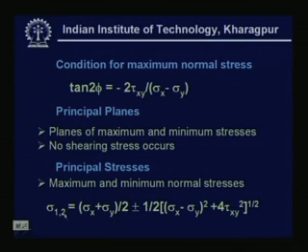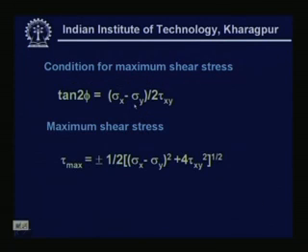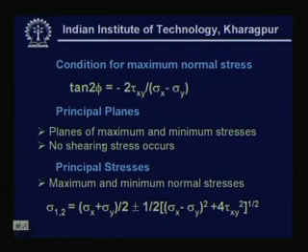If we put this condition into the main expression, we get the relationship for the principal stresses. So the principal planes are where you have the maximum and minimum stresses and no shearing stress, and the corresponding values of the principal stresses are given by this expression.